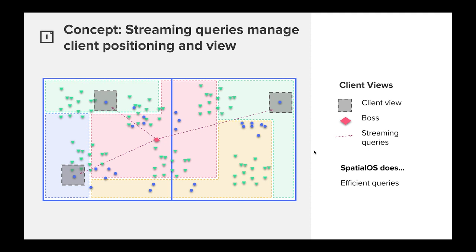So what I've got here is 3 clients, and although they've only queried the database for a small area around them, adding a global entity that these clients get updates from in real time is very simple in SpatialOS. It's simply the act of changing the query to check out entity ID 50, which represents the boss. So you get this incredibly efficient query structure, which helps unlock new types of gameplay.